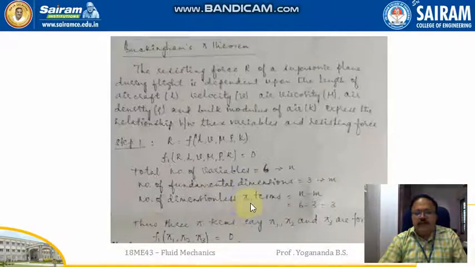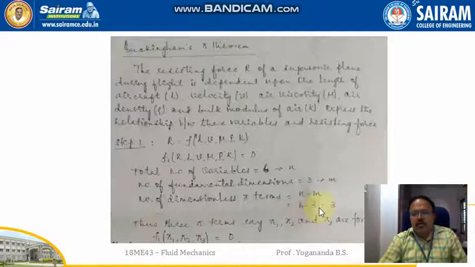So the number of dimensionless pi terms in this problem will be n minus m. That is, dependent and independent variables together is 6 and m, the fundamental dimensions, is 3.